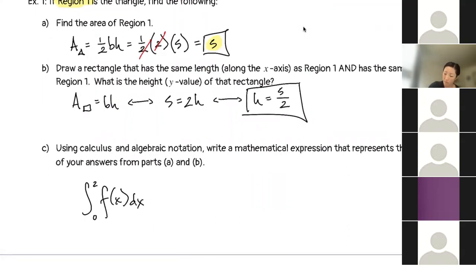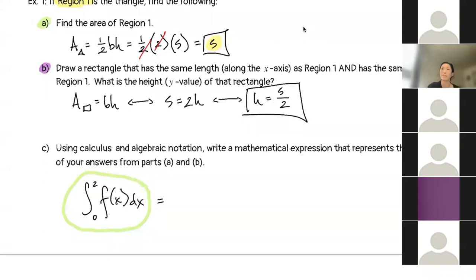Okay, so this right here, our part A, is represented by this. Okay, now we know that that is equal to the area that we find in part B.